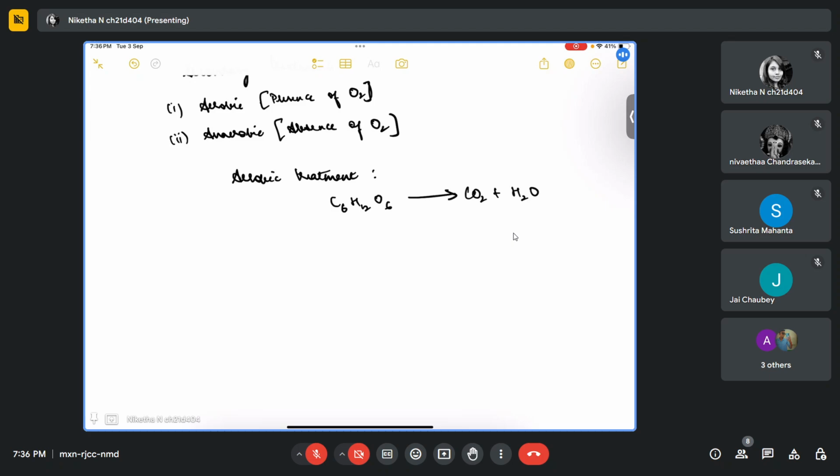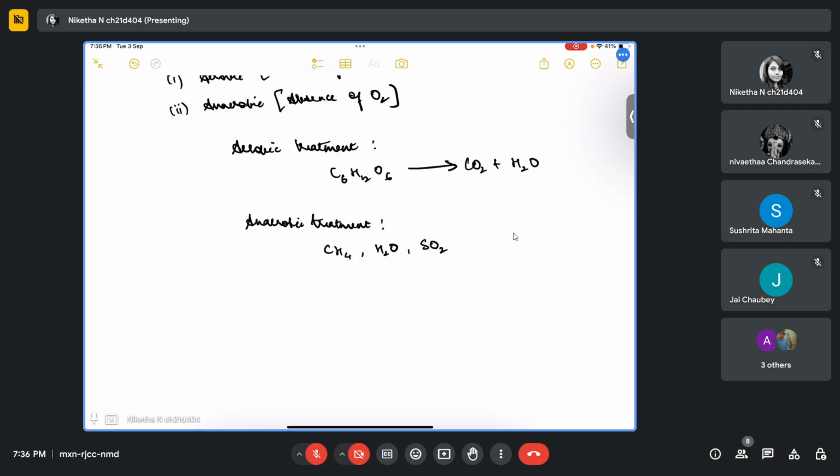So generally in aerobic treatment, CO2 and water will be produced, whereas in anaerobic process, the products are generally methane, water. Sometimes if the organics contain sulfur, then sulfur dioxide will also be produced.